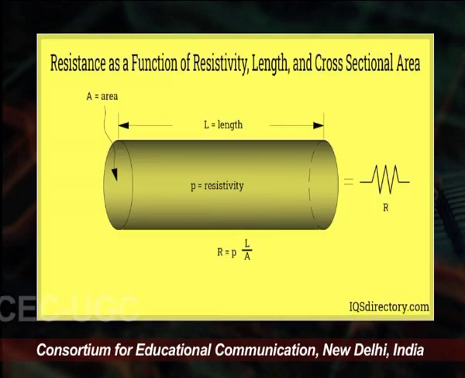You see on the screen, R is equal to rho L by A. So, resistance is a function of resistivity, length and cross section area. So, you can see how we choose the heating element on the basis of resistivity.